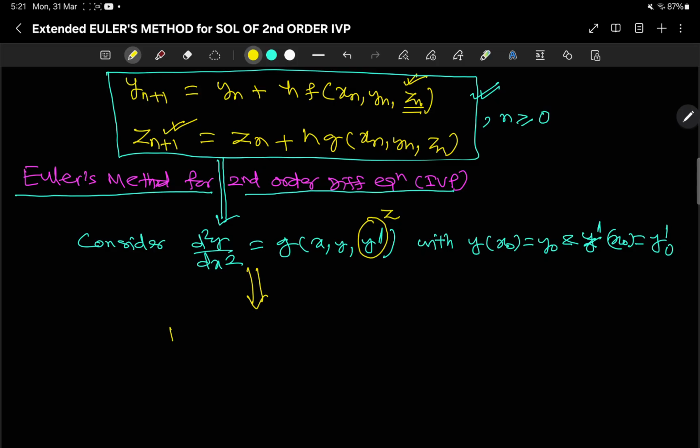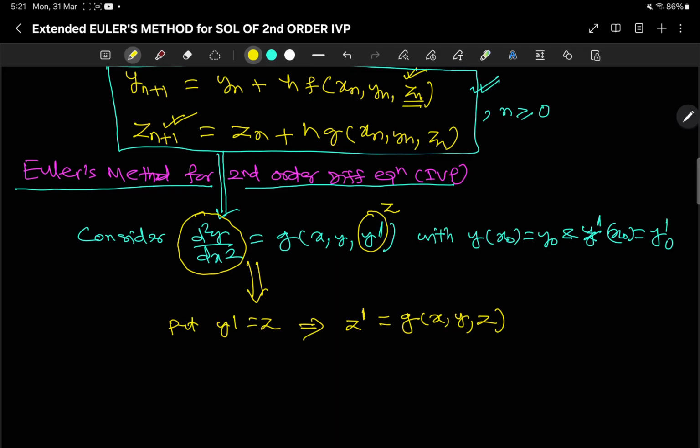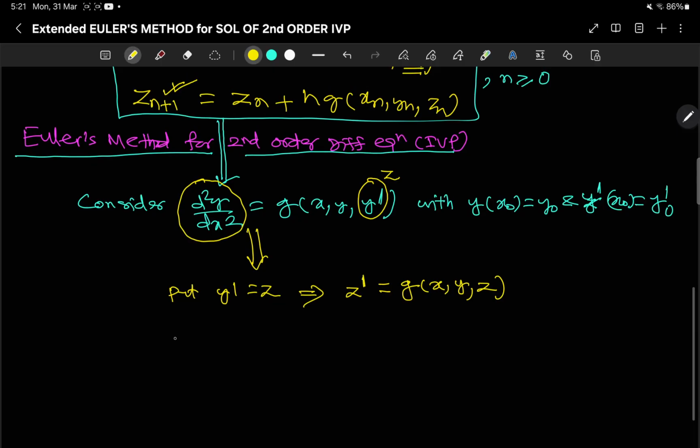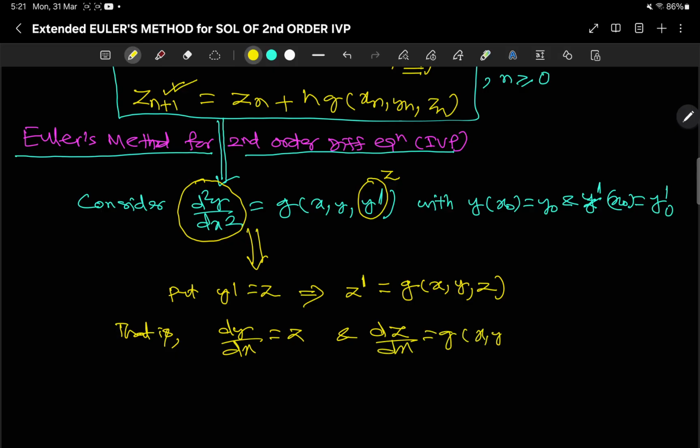Put y' equal to z. This implies d²y/dx² becomes z', so z' is equal to g(x, y, z). So what we are getting is dy/dx equal to z and dz/dx equal to g(x, y, z).